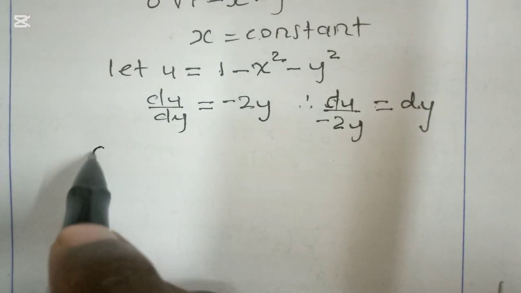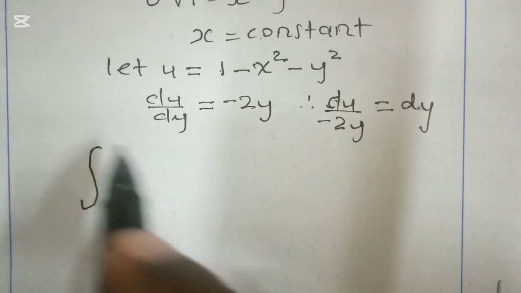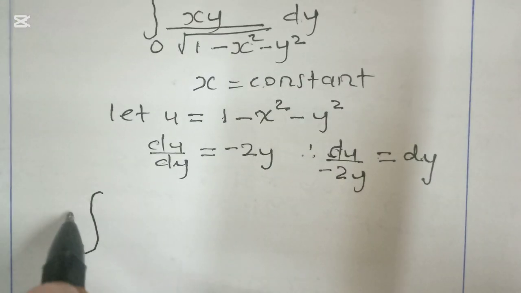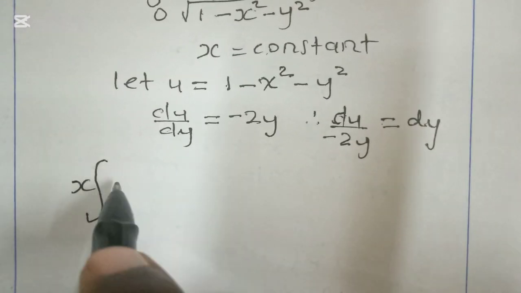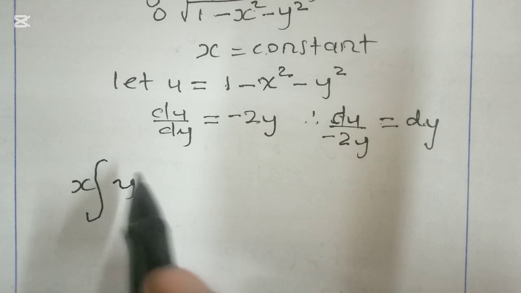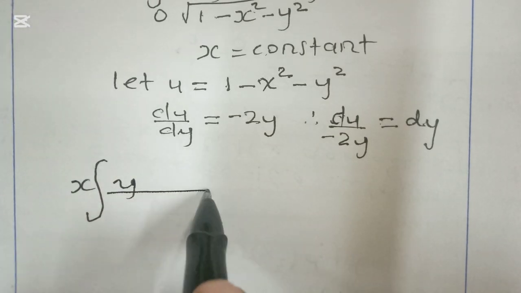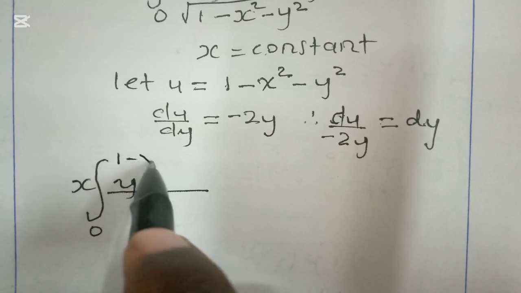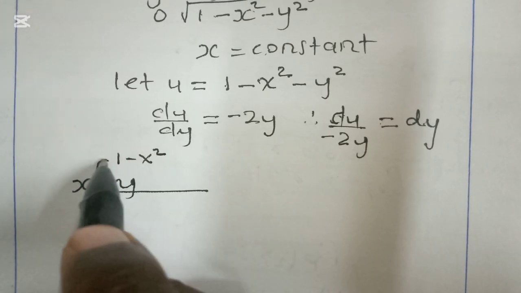So this one is now going to be, now we consider x as constant, we can remove this x and put it there. Then we are left with y there. And then guys, we have limits from 0 to square root of 1 minus x squared.